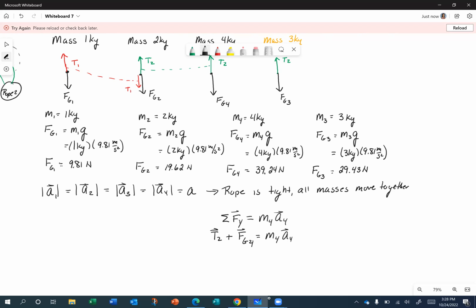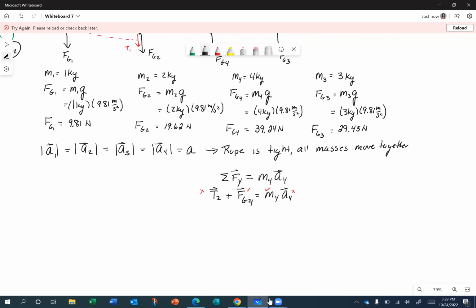So I do know my mass and I do know my gravity, right? But I have 2 unknowns here, T2 and A4. So I need to do a little reasoning here to say, well, that gives me one equation with 2 unknowns. If I can find another equation that contains the same variables, then I might be able to solve for this using simultaneous equations.